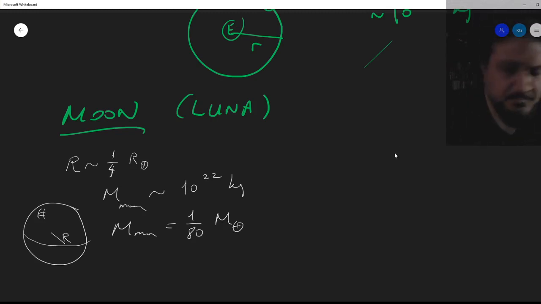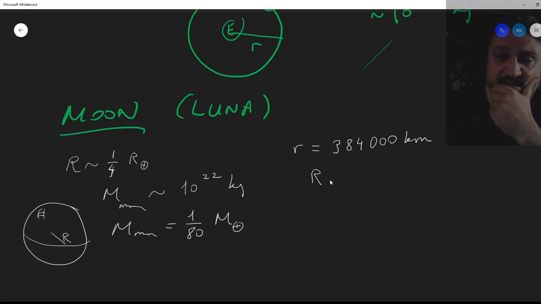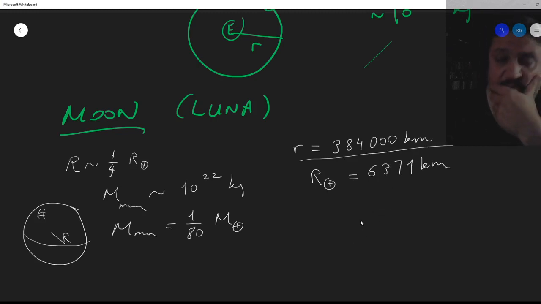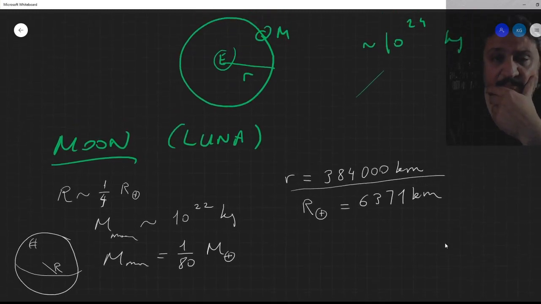And how far is the moon? This little r here is 384,000 kilometers. Remember, Earth's radius was 6,371 kilometers. This is how far the Moon is away from us. So the orbit of the moon is like a circle.